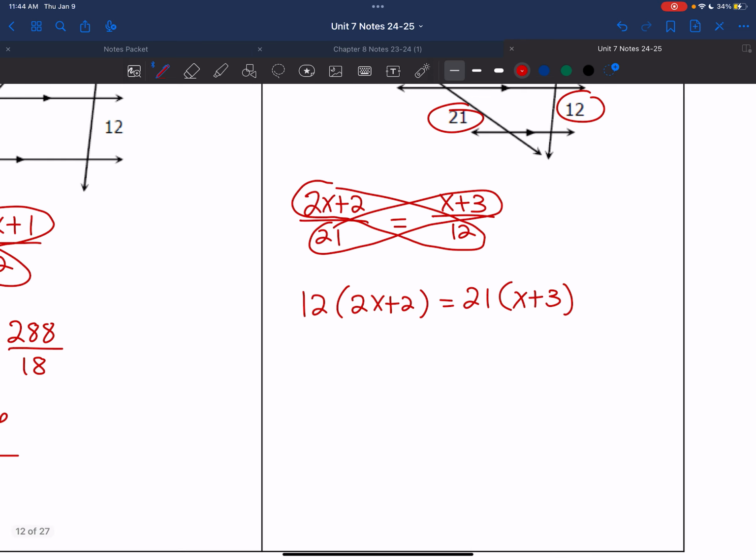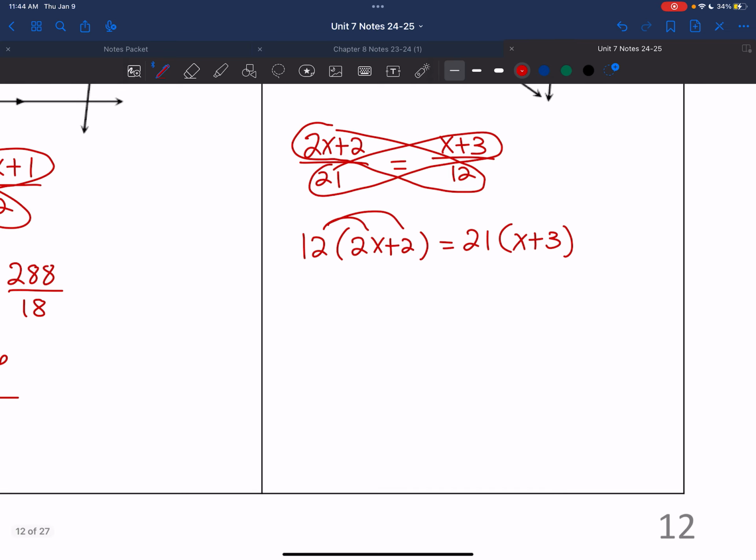All right, since it looks similar on both sides, I actually am going to distribute this time. Just makes it a whole lot easier so I don't have decimals. So 12 times 2x gives me 24x. 12 times 2 gives me 24. Equals 21 times x gives me 21x. 21 times 3 gives me 63.